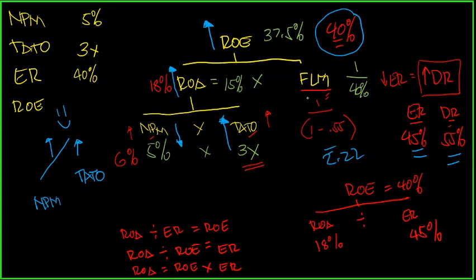Or what if your equity ratio or debt ratio is given, and there is a target total asset turnover and your target return on equity. Perhaps the problem may be asking you how much should be the minimum net profit margin so that the target return on equity will be achieved. Okay, so that's one way on how you can use your Dupont analysis in planning.